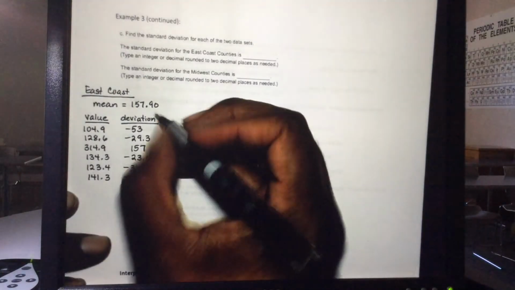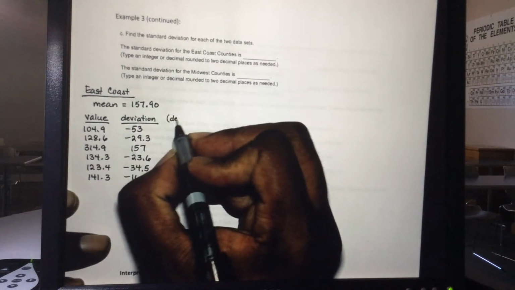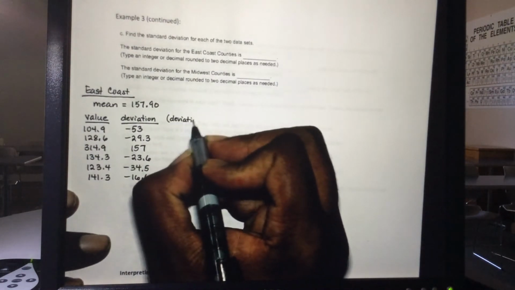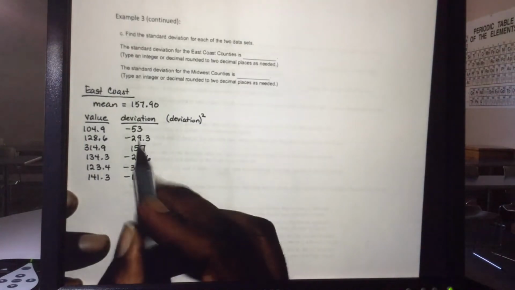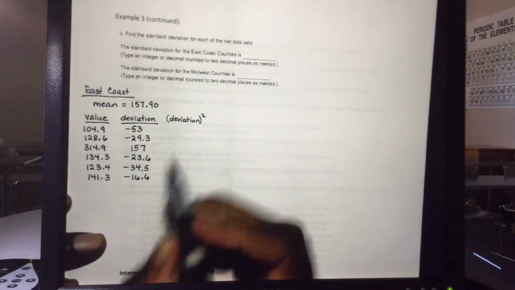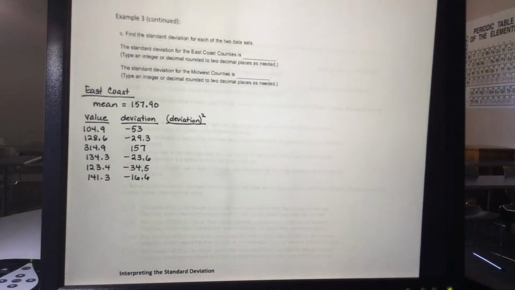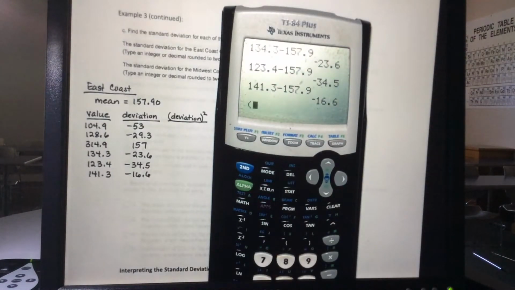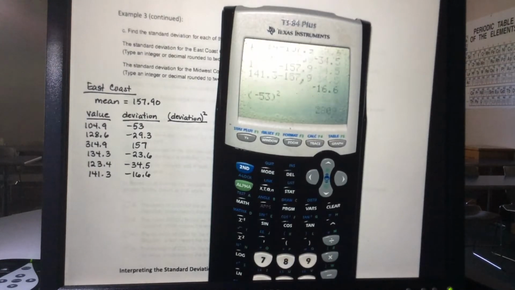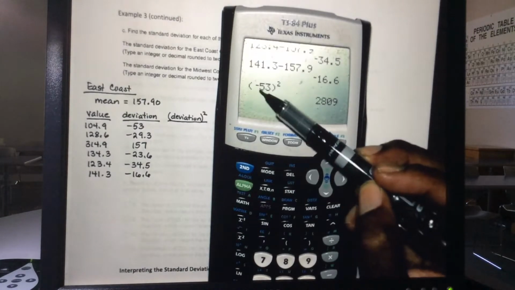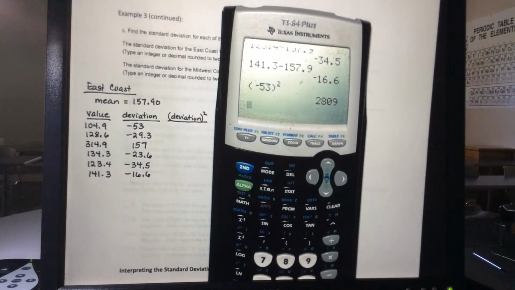And now for the deviation squared. I'm just going to take the square of each of those individual deviations. Keep in mind, when you square a negative, you're always going to get a positive value. So if I do left parenthesis, negative 53, close parenthesis, and square it, you're going to get 2,809. Notice I had to put parentheses around negative 53.